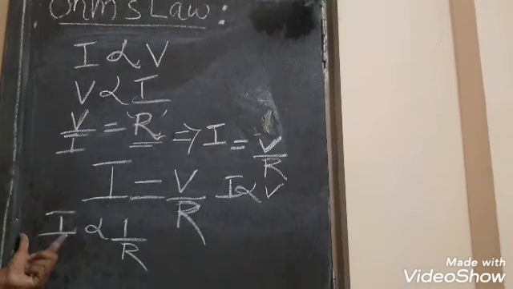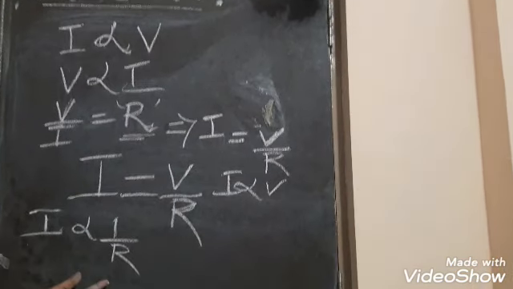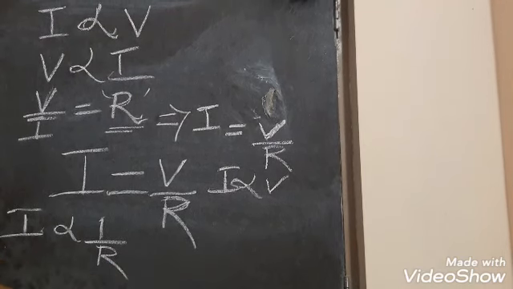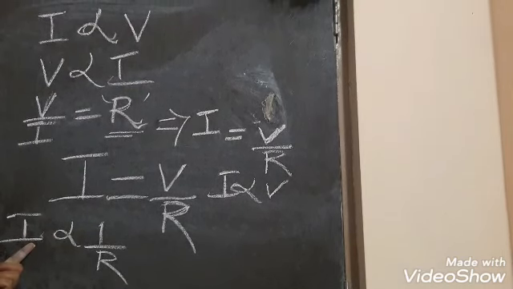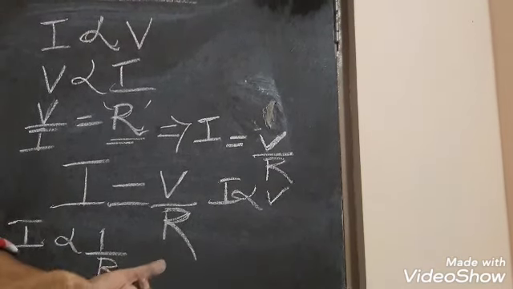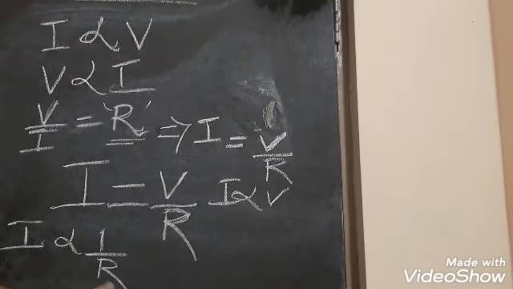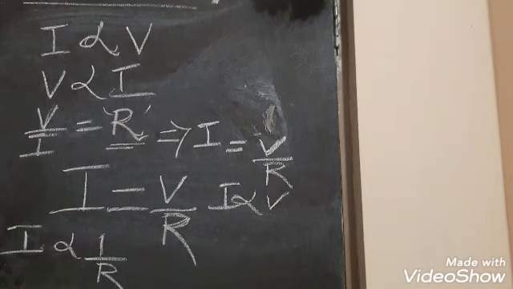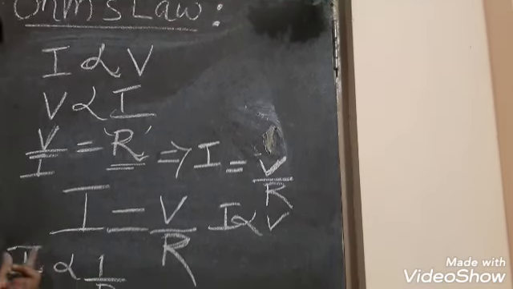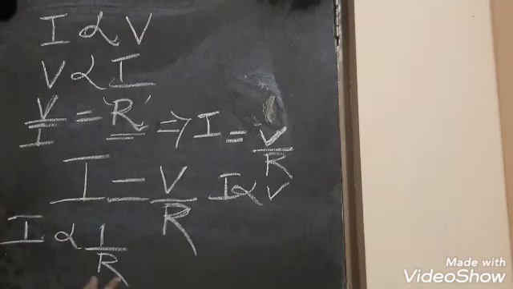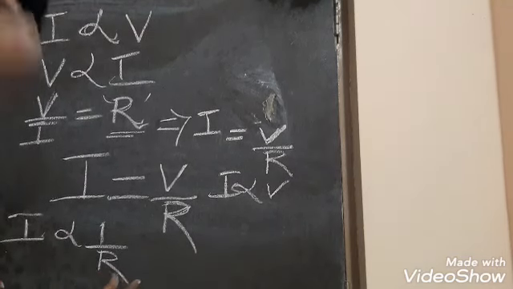If I is doubled, resistance gets halved. If I is halved, what happens to resistance? Resistance will get doubled, because there is an inversely proportional relation. The inversely proportional relation says that if one is doubled, the other is decreased to half.